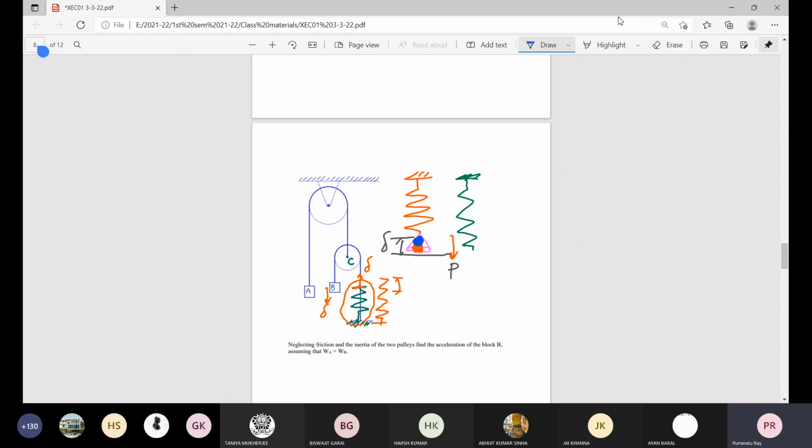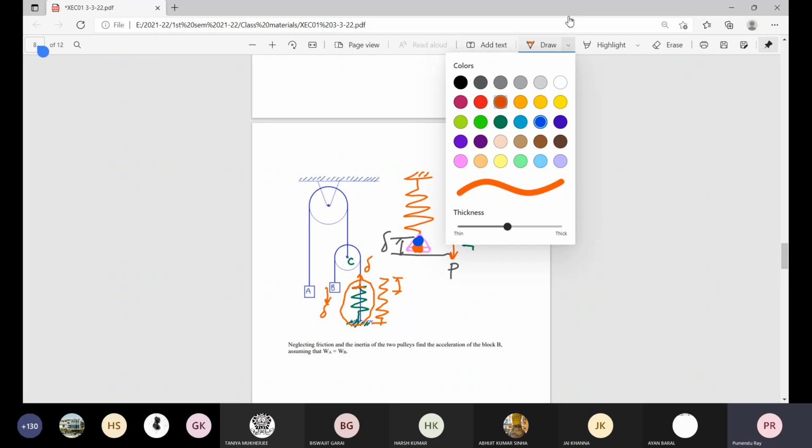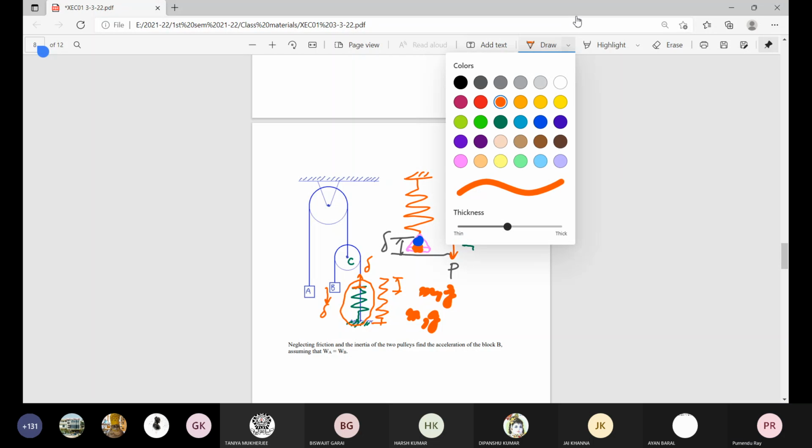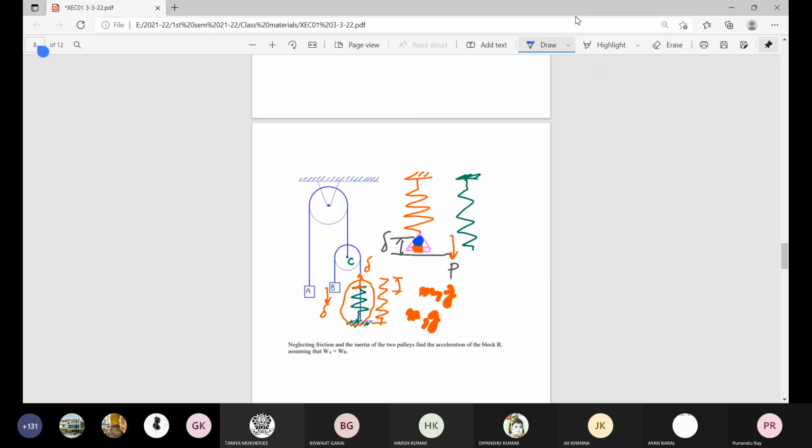And as we increase the mass placed on this pen, more and more weight will be acting there. Initially it was M1G, now M1G plus M2G.